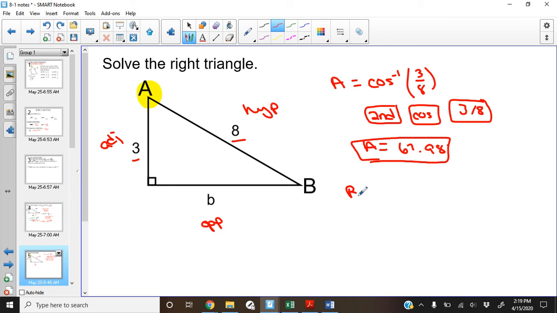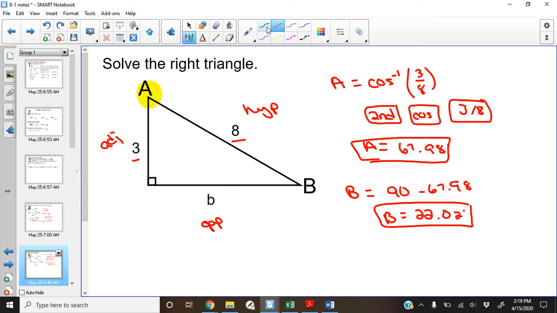So to find what angle B is, you would just subtract angle A from 90 degrees. So B is going to equal 22.02 degrees. So now we found angle A and angle B.